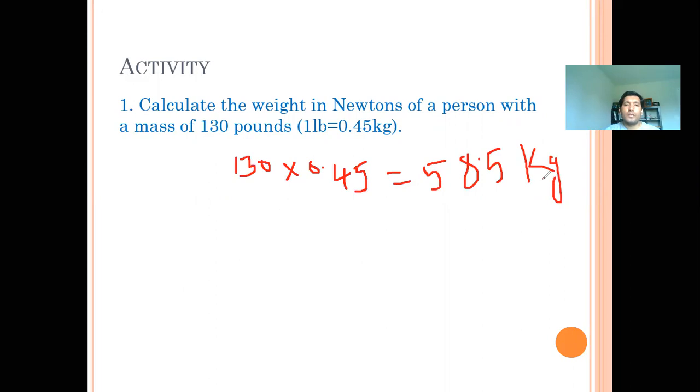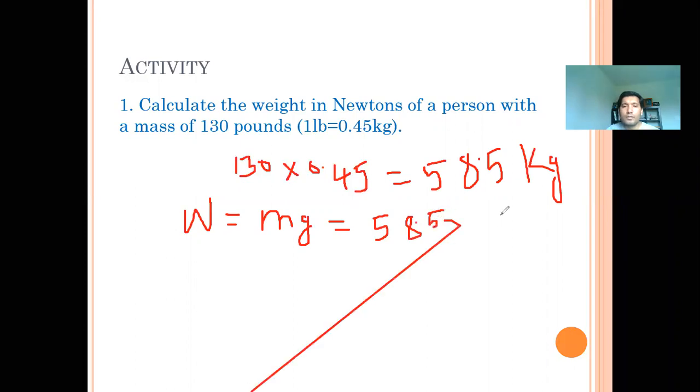Now, what is the formula for weight? Weight is equal to m into g, right? So 58.5 into 9.8.